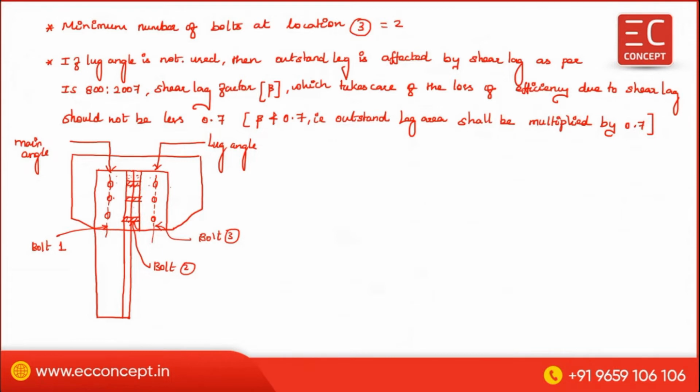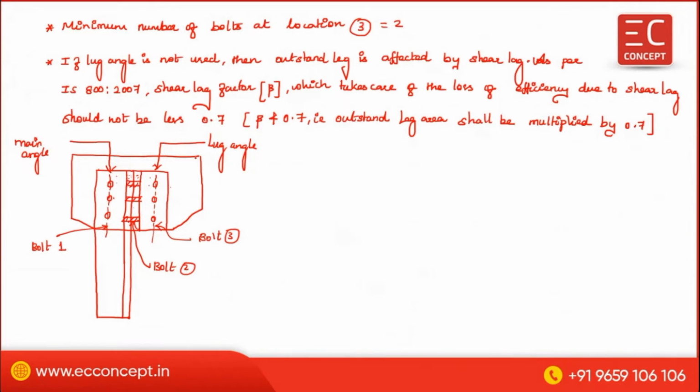Next one is if the lug angle is not used. Suppose you are not using a lug angle, then the outstanding leg of the main angle is affected by shear lag. As per IS 800 2007, the shear lag factor beta, which takes care of the loss of efficiency due to shear lag, should not be less than 0.7.